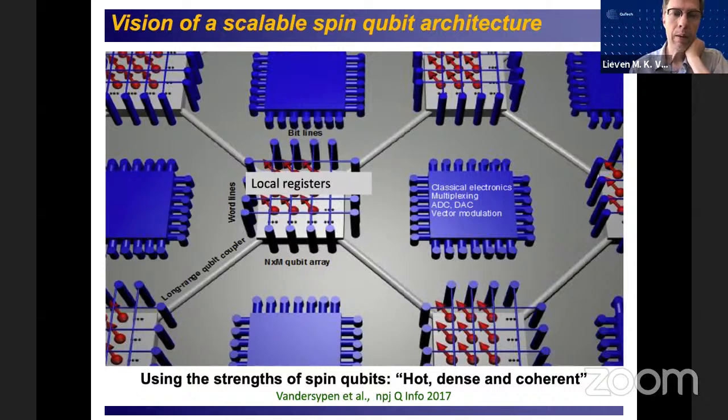We don't know how many we'll want in such a local register, but we do think that eventually, to keep scaling up, it will become advantageous to start building replicas of these local registers on the same chip. Instead of making the local register bigger and bigger, we'll just have a fixed size and then have a unit cell and replicate this. And that means that we need, of course, to connect these unit cells with each other through quantum links, coherent links on the same chip.